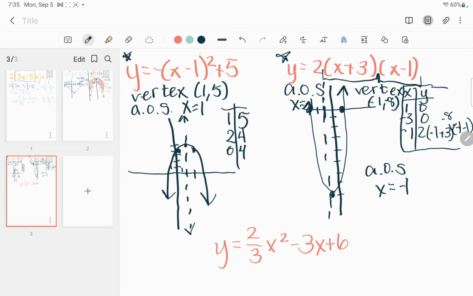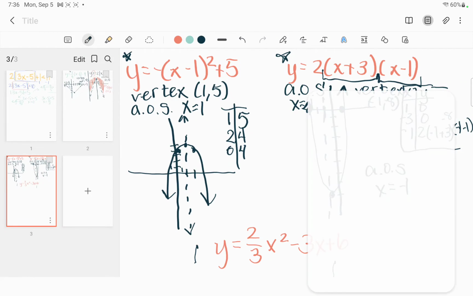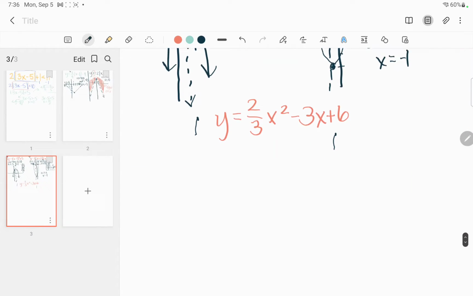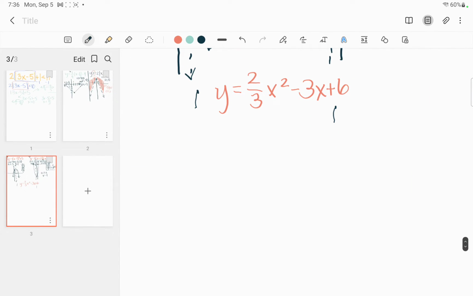If you graph a point wrong and you get something that is not a parabola shape, or you know it should be opening up and you're having it open down, you probably did something wrong, just like I did here. So let me go away from my pen tool and over to my arrow, and let me see if I can move this. Okay. And move this up so we can see here our final function.